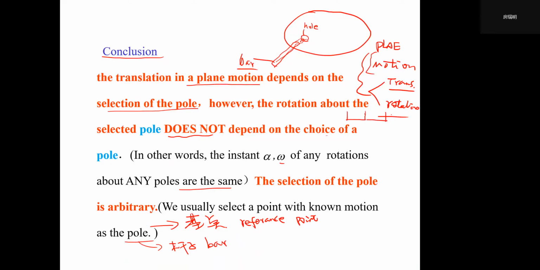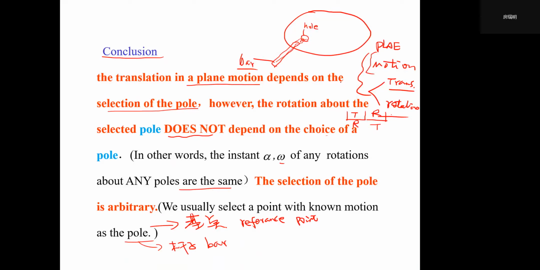We can think of the translational movement happening first and then the rotational component second, or the rotational component first and the translational component second.